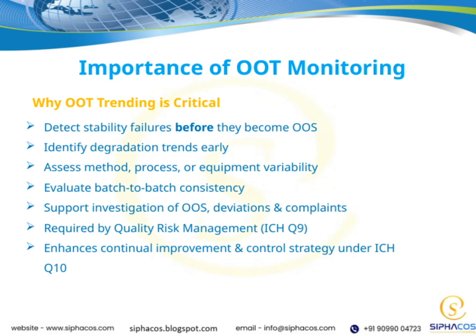Moreover, it enhances our ability to continually improve and refine our control strategies, aligning with ICH Q10 guidelines. Overall, monitoring OOT is a vital part of maintaining product quality, ensuring safety, and supporting ongoing process improvements, making it a cornerstone of our quality system.